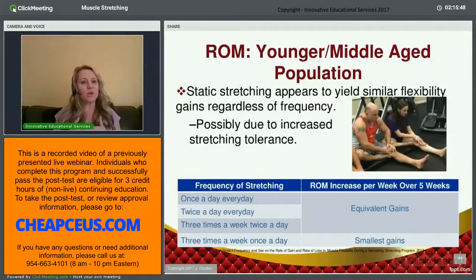But I thought this was interesting to bring up because you can gauge your patients to see if it's that individual where maybe they work and you know what, they have kids at home. They are not going to be able to stretch every morning and every night and follow through with that. The research seems to be saying if you took that same patient and said, you know what, every other day, just stretch morning and night, that'll work.